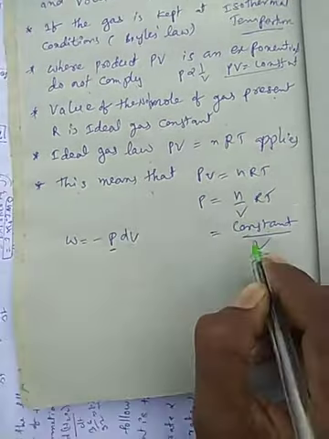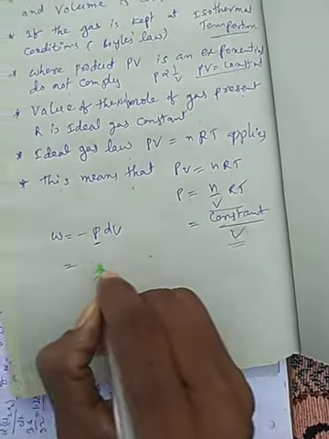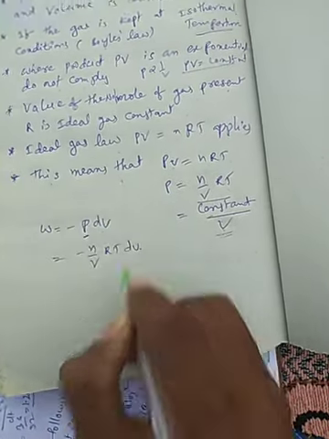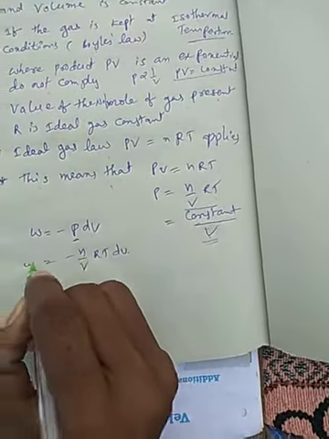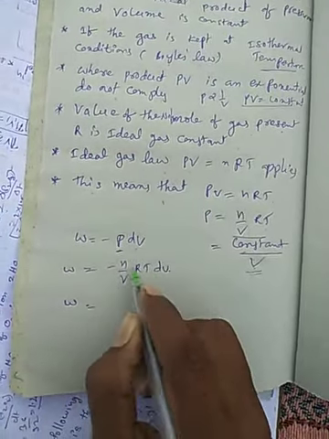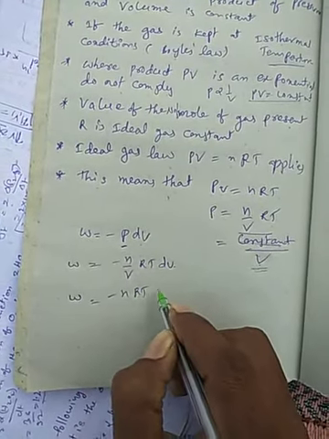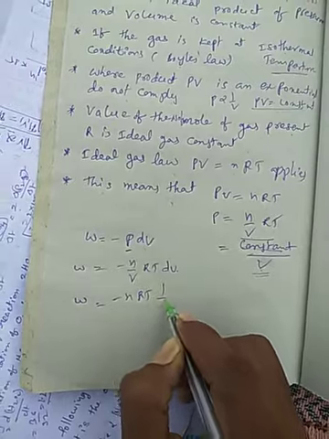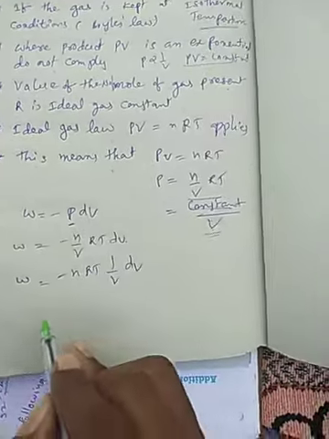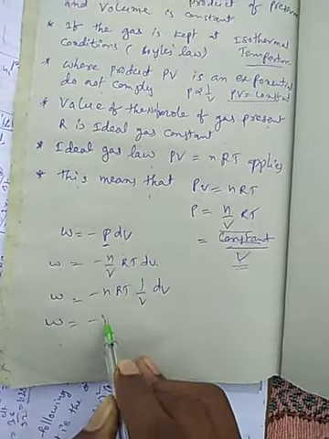Now P we can write as nRT by V, so W is equal to minus nRT by V dV. These are constants, so we can write W is equal to minus nRT times 1 by V dV.